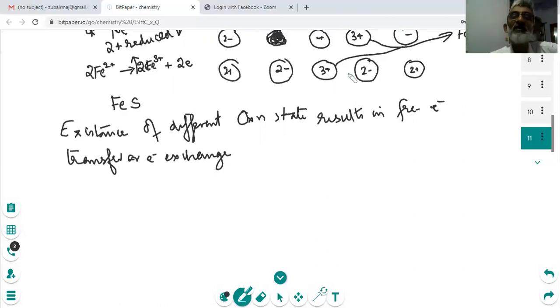So this conversion has created electrons and they will get transported from one side to the other. And hence electrical conductivity is increased.